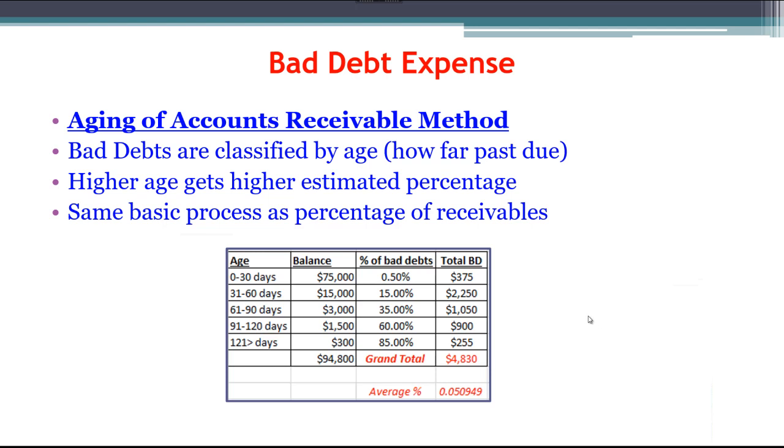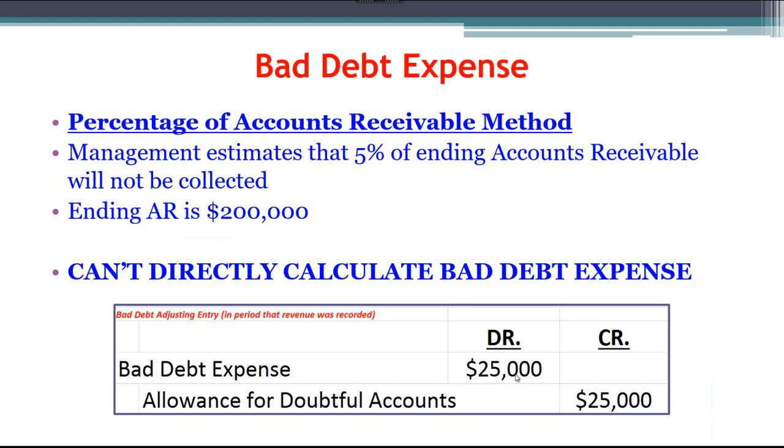Let's say that our allowance account was already at $5,000 throughout all the entries that have happened up to this point. And now when we do this estimate, we think it should only be $4,830. We would need to take out $170 from our allowance account. So what that essentially does, it's the exact reversal of the earlier entry.